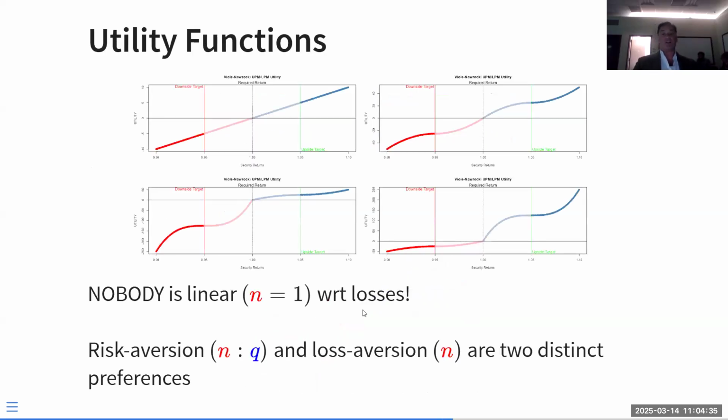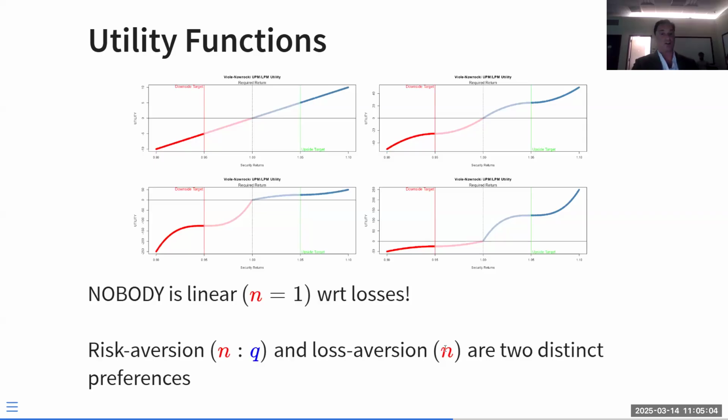Here's the utility function I came up with based on these partial moments. And you can see up top left, this is just a linear representation, and nobody is linear with regards to losses, especially, but gains as well. And how I determine risk aversion is by the ratio of our degrees n to q.